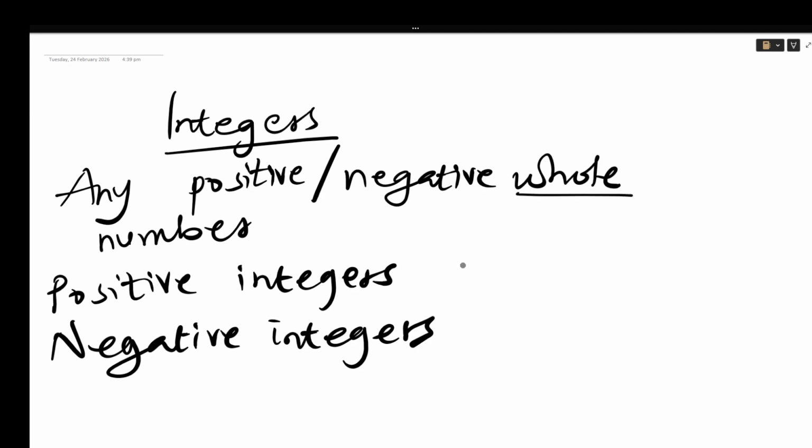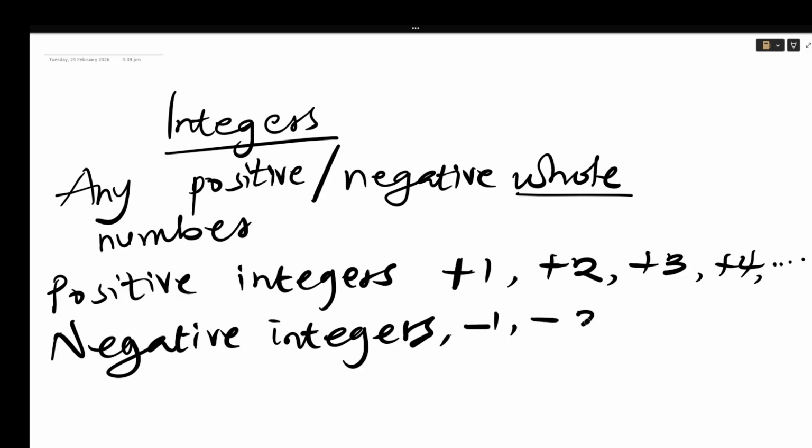That means we have positive 1, positive 2, positive 3, positive 4, and so on and so forth. For our negative integers, we can have negative 1, negative 2, negative 3, negative 4, and so on.